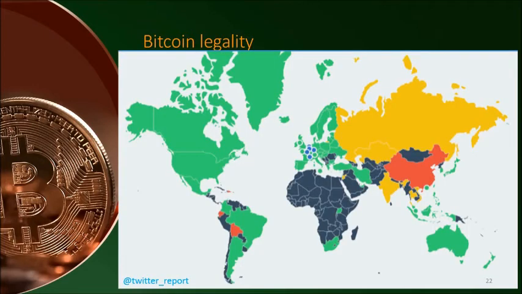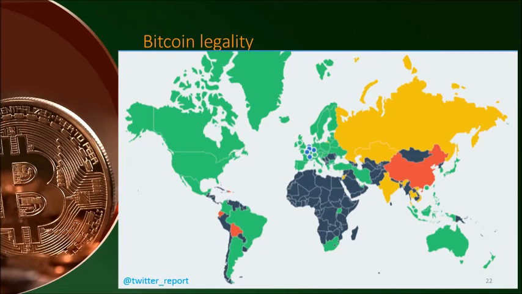So here are the countries. The green ones show that they fully support the mining and use of Bitcoin. You can see the yellow portion where conditions apply for the execution and use of the Bitcoin.